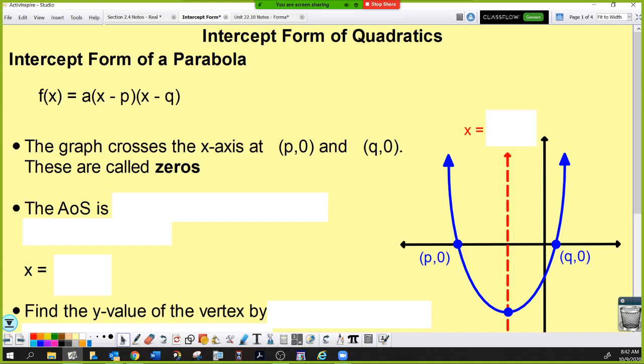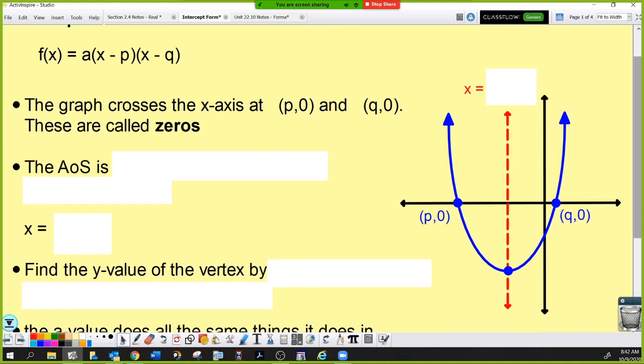Okay, now axis of symmetry. The axis of symmetry always cuts the parabola in half. So if I knew the two places where my graph crosses the x-axis, how could I find the axis of symmetry? Any ideas?